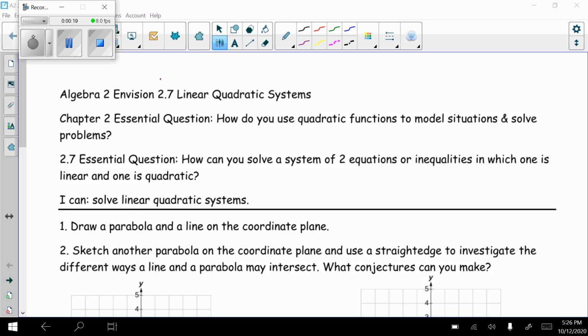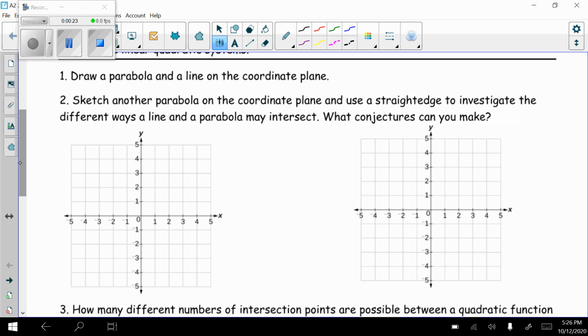So first thing we're going to do, number one, I want you to draw a parabola and a line on the coordinate plane, anywhere. So let's say I just draw my basic parabola, y equals x squared. So there's my parabola. And then draw a line anywhere.